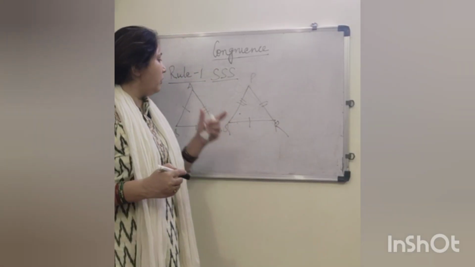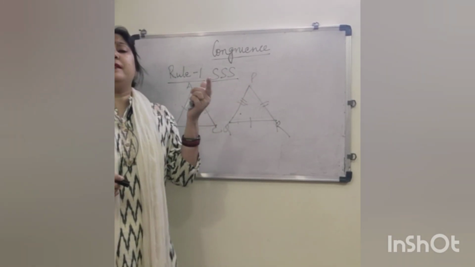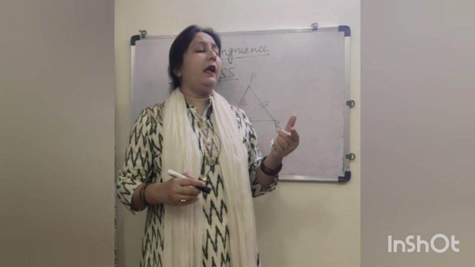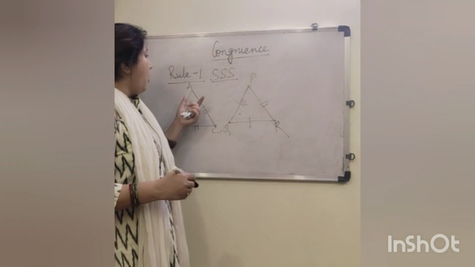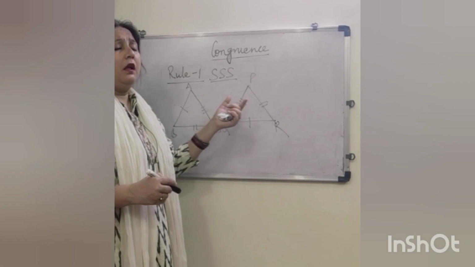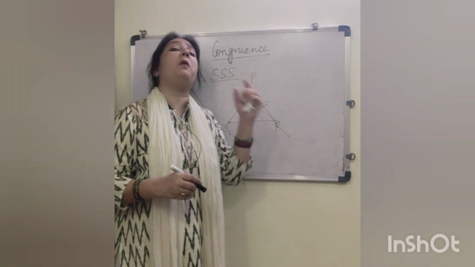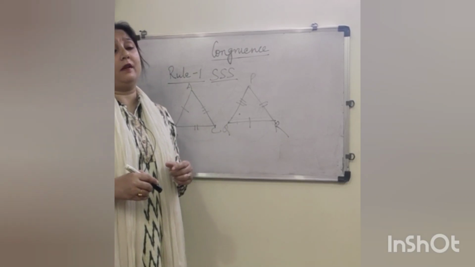First rule of congruency is SSS. That means side, side, side. If all three sides of one triangle are equal to the corresponding three sides of another triangle.